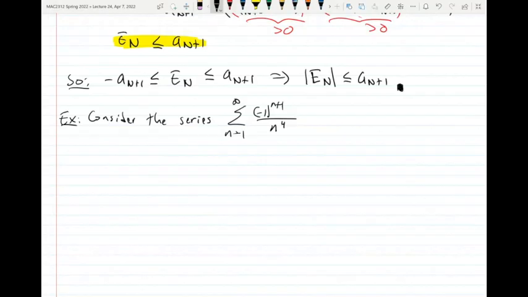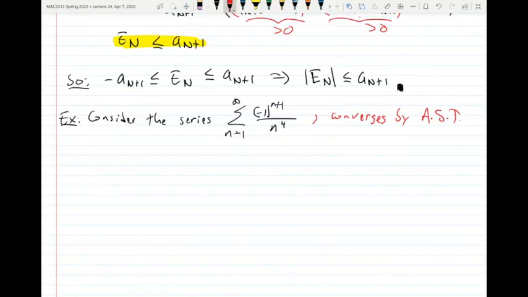It converges. Why? This is an alternating series, not a p-series. The limit approaches 0. Our a_n is 1 over n to the 4, and that a_n is decreasing, and the limit is 0. The condition is satisfied, so it converges by the alternating series test.